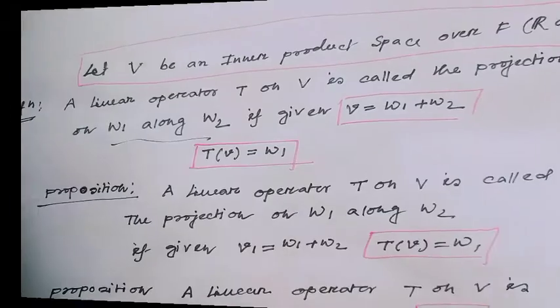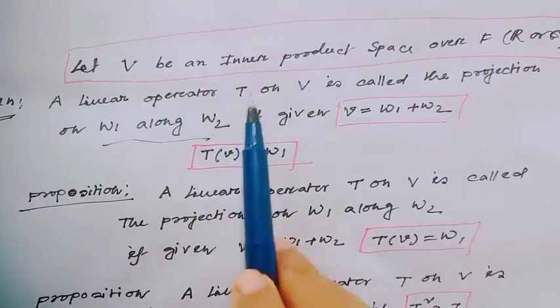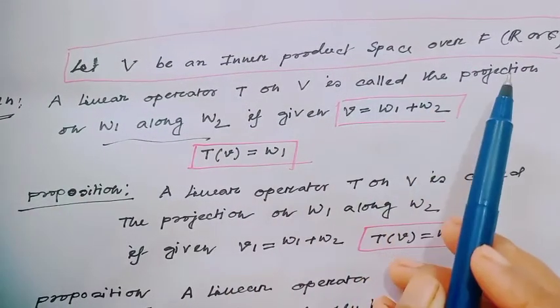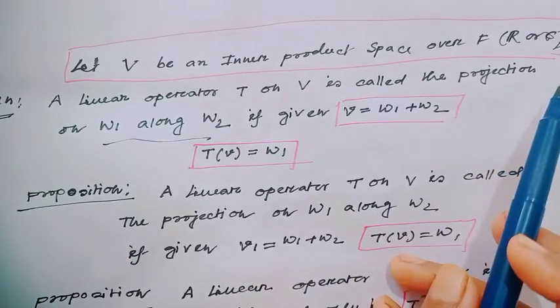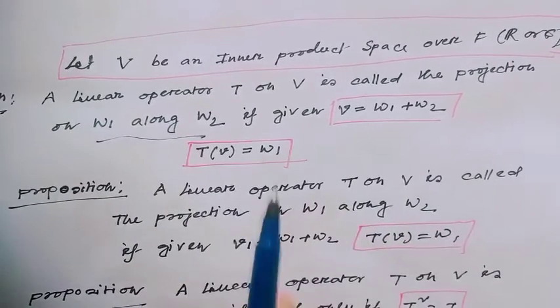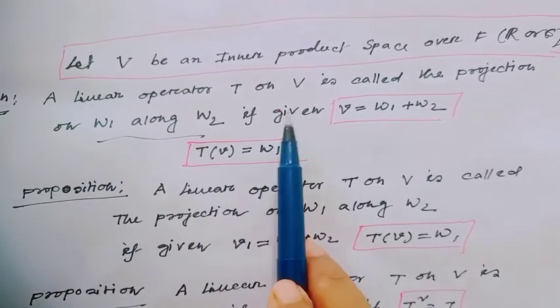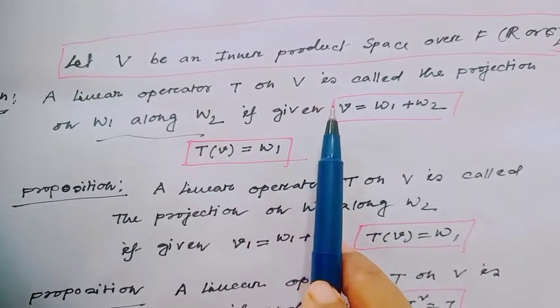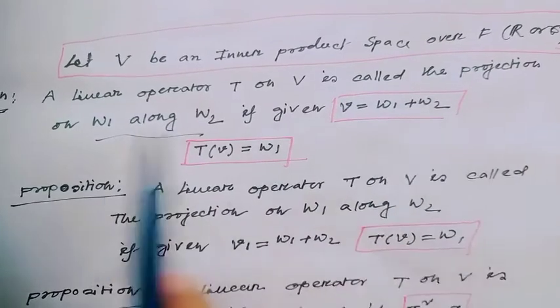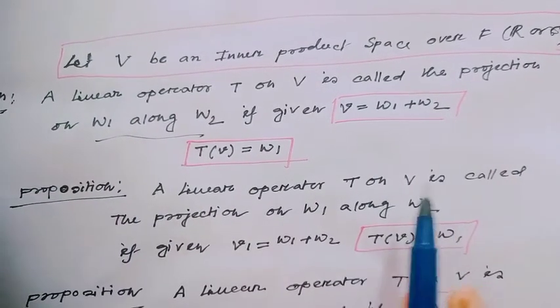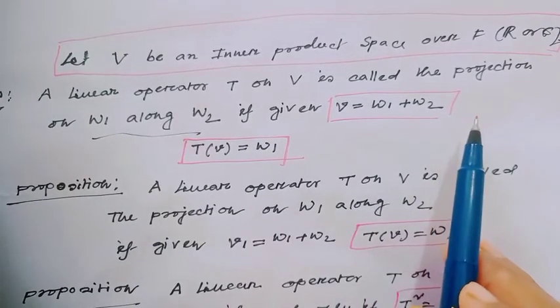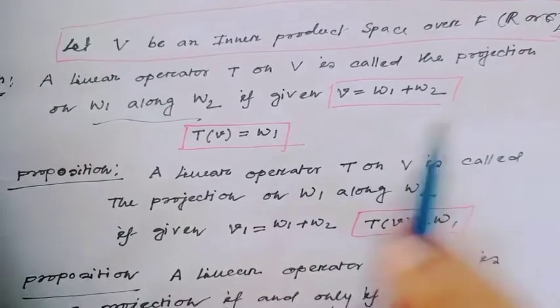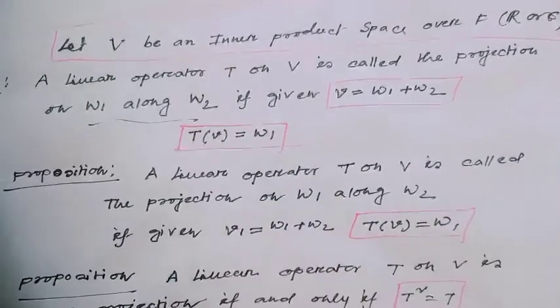For a linear operator, consider V an inner product space over the field F. Here consider the field as R or the complex numbers. Then a linear operator T on the vector space V is called the projection on W1 along W2 if V equals W1 plus W2. That means TV equals W1.